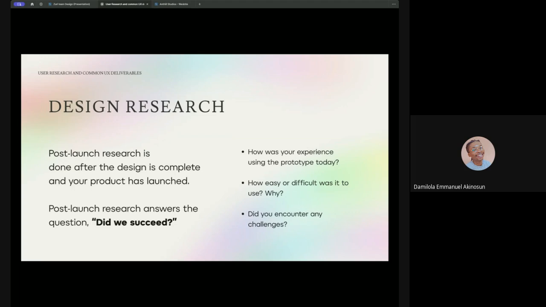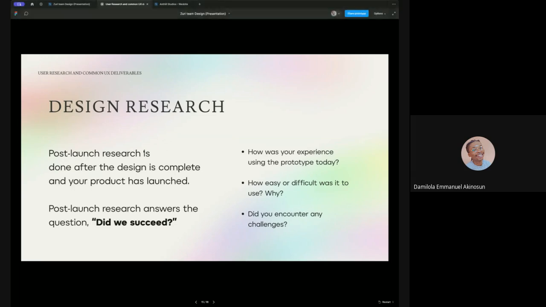Right. So this particular user research method is what gives insight into what people think of your products and what they're experiencing, and if your product actually aligns with what you intended for it to do. Right. So let's go on to talk about some methods that fall under post-launch research, and then we can move on to the next items.